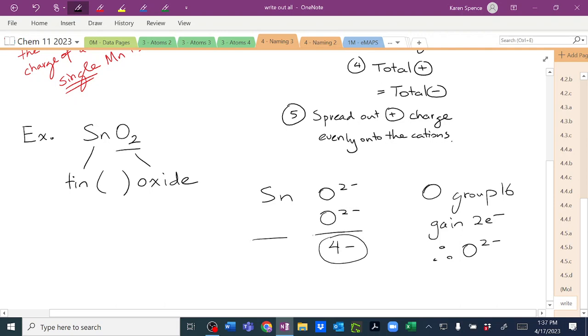Because all compounds are neutral, the total positive has to equal the total negative, which means that Sn is going to be 4 plus, and this time we don't have to spread out the charge because there's only 1 tin ion. If there had been 2 tin ions, they would both be +2. But there's only one, so it's +4.